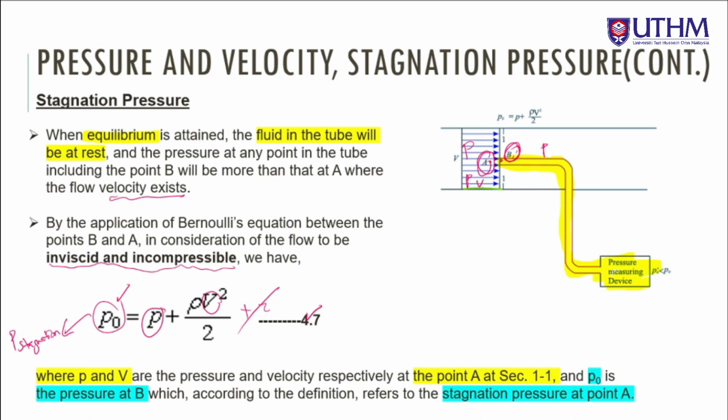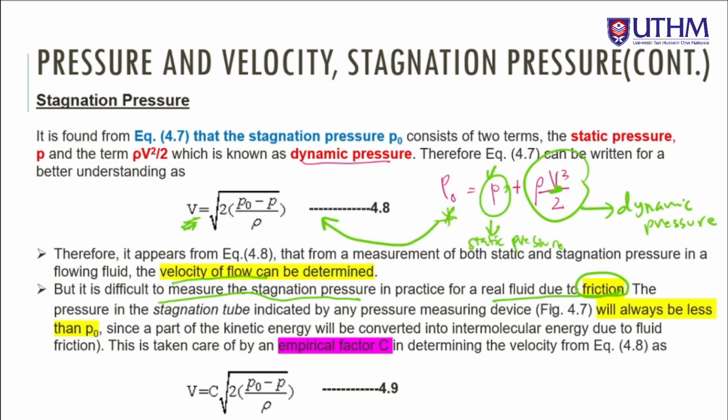Fluid tu inviscid kita consider, but in real life dia ada friction. Okay, the pressure in the stagnation tube indicated by any pressure measuring device for example will always be less than P naught kan.